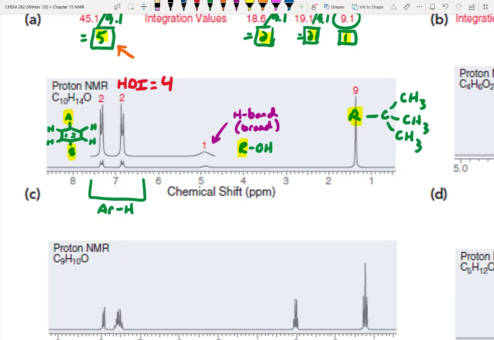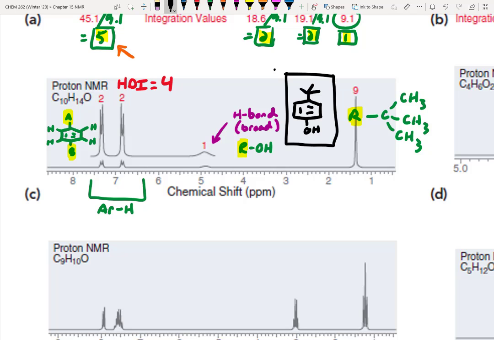All right, so how do we snap this all together into one cohesive picture? Well, I would say it would make sense that we have a tert-butyl group coming off one side and then an OH coming off the other. So this must be the structure for that unknown compound.